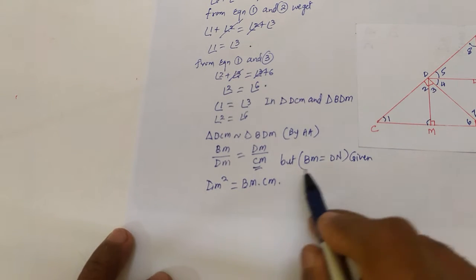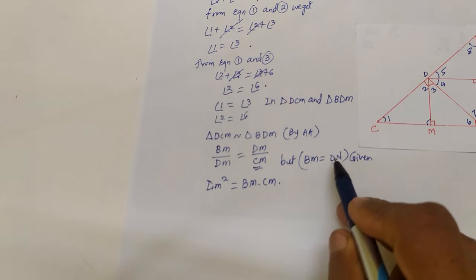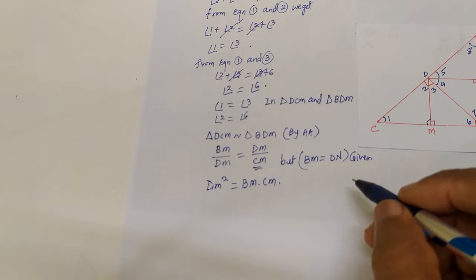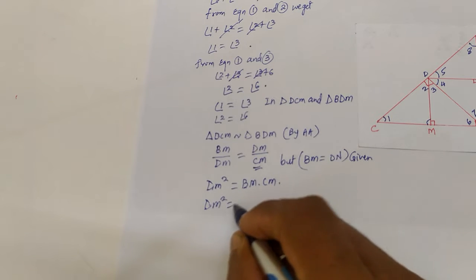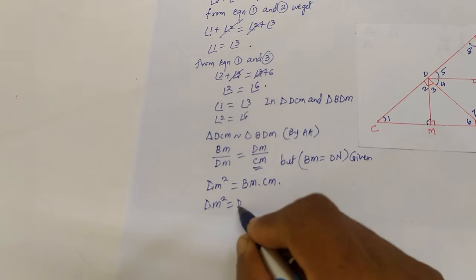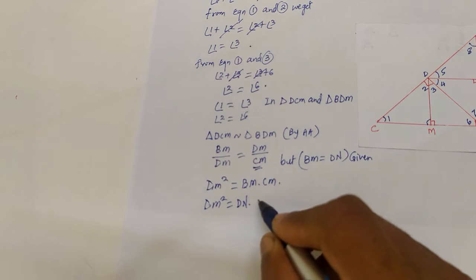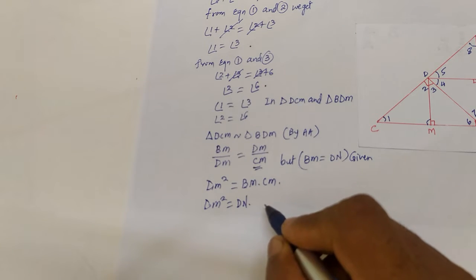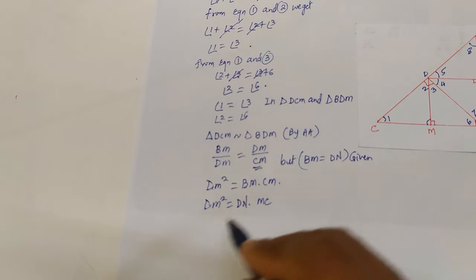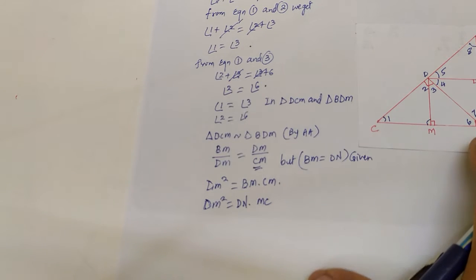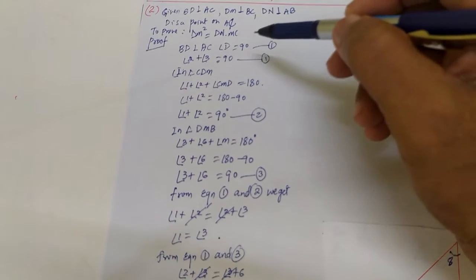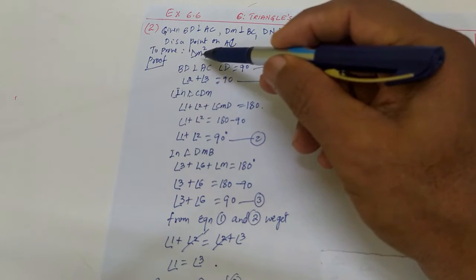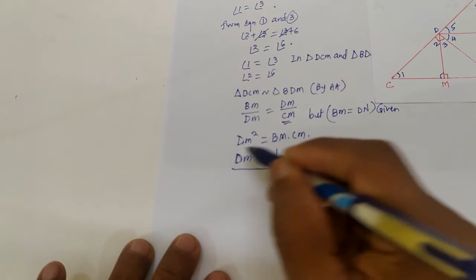But BM we have proved as DN, so we can say DM square is DN into MC. So on the top we had to prove DM square is equal to DN into MC. So this is what we had to prove.